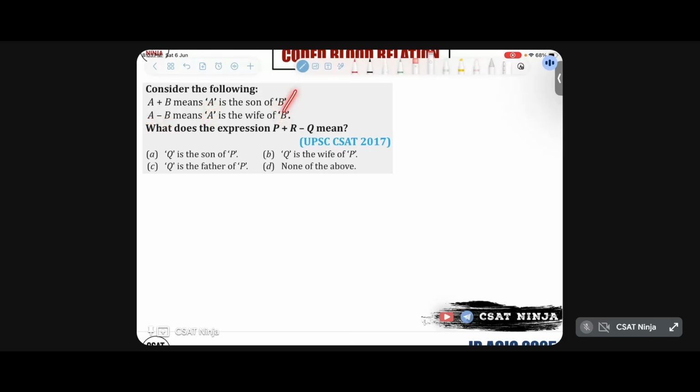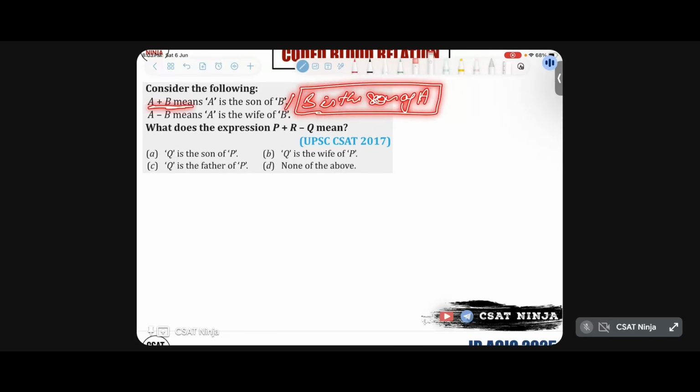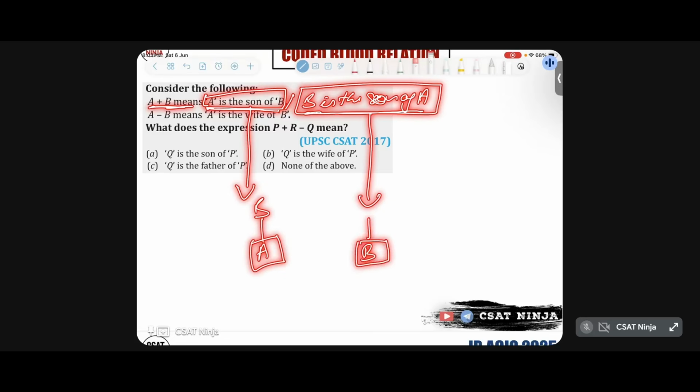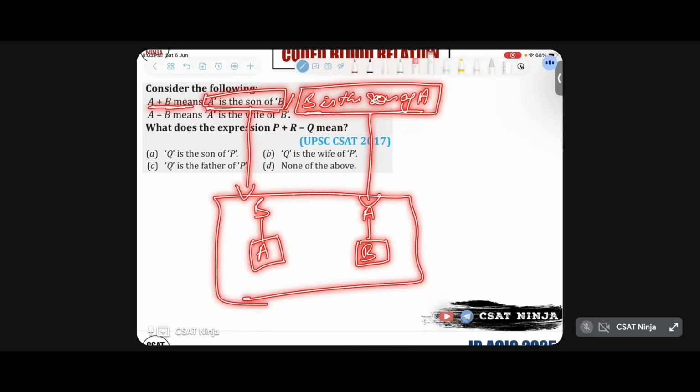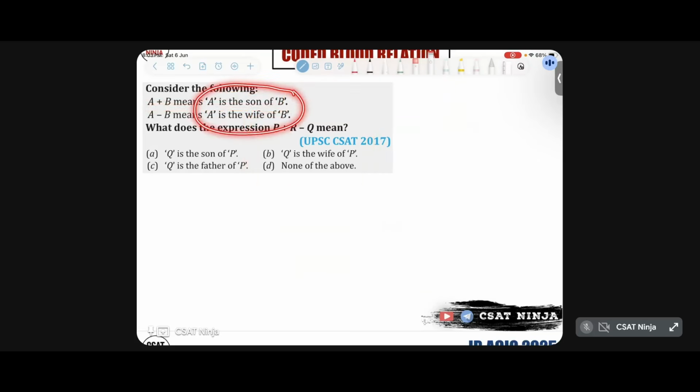Sometimes, if it's a hard or moderate level question, you will see two statements. One statement can be A is the son of B, and another can be B is the son of A. This statement means A is the son of B, and this one says B is the son of A. So it is totally different. Always remember, whenever you see coded blood relation, look at the coding first.